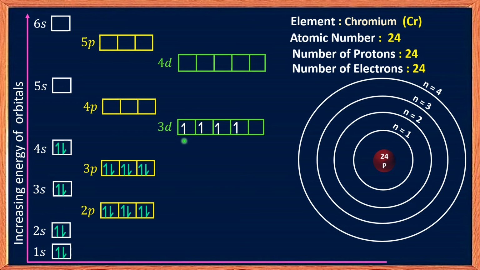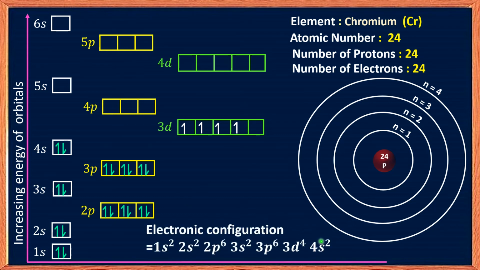Here there are 4 electrons in the 3d subshell. So the electronic configuration of chromium, here I am writing, should be 1s2, 2s2, 2p6, 3s2, 3p6, 3d4, 4s2. This should be the electronic configuration, but it is wrong.